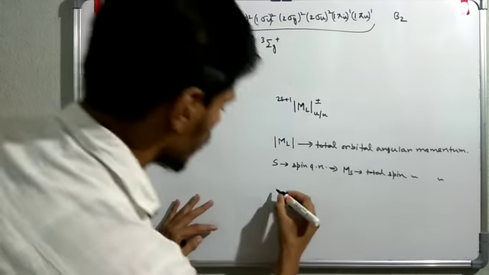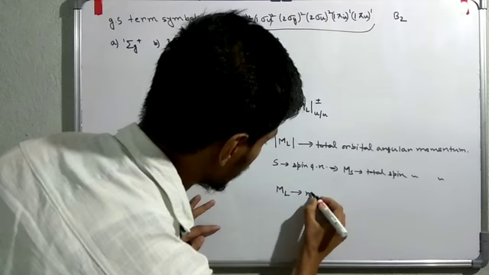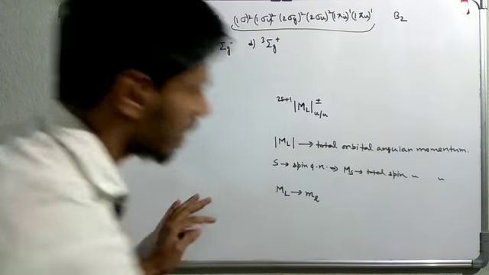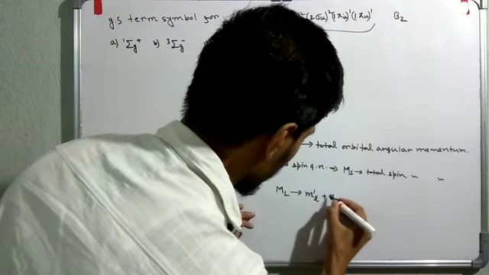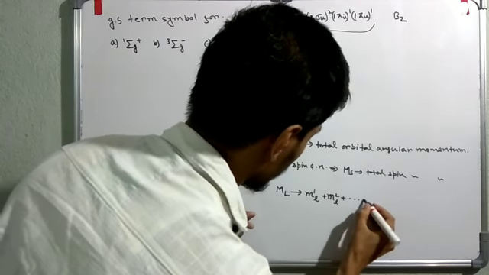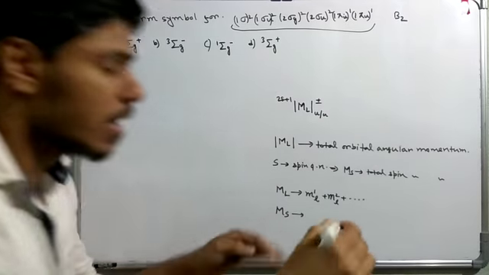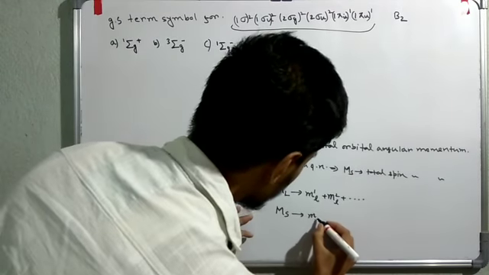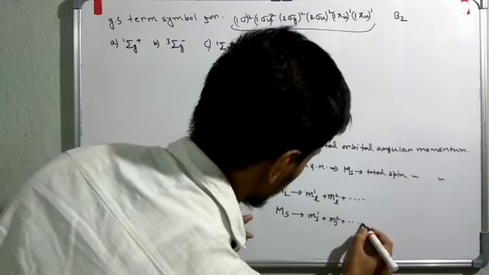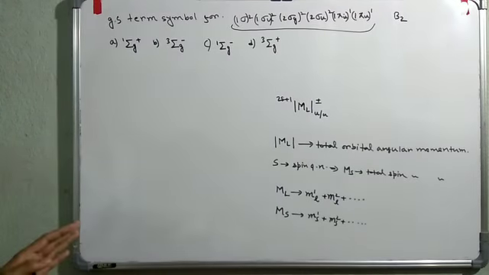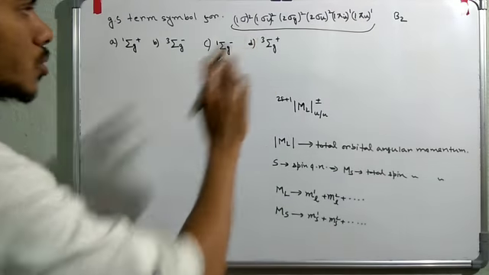How can you determine them? The total orbital angular momentum, ML, is the sum of the individual ml values, that is the individual orbital angular momentum values: ml1 plus ml2 plus so on. In the same way, the total spin angular momentum is the sum of the individual ms values: ms1 plus ms2 plus so on. Now where do ml and ms come from?